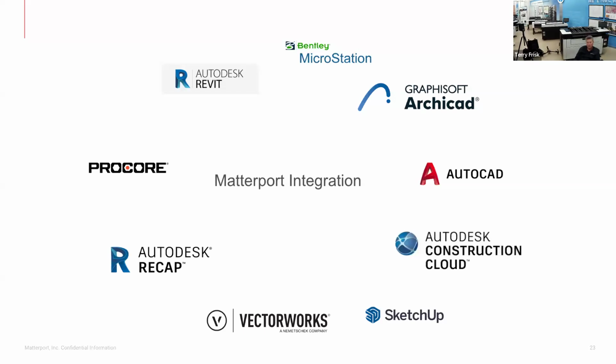With Revit, for example, we have a plugin that Jason from D3 is going to show you a little bit later how it works. And with companies like SketchUp, for example, we're going to use the E57 or the Matterpack to integrate into SketchUp.